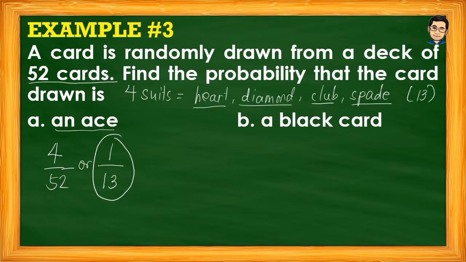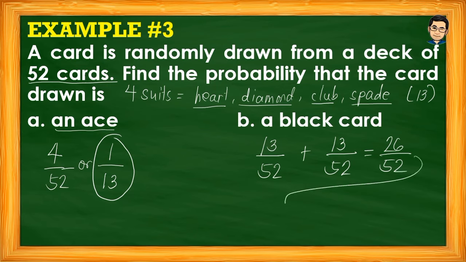So kung i-add natin yon, so that is 13 over 52 para yun sa club plus 13 over 52 sa spade. Since similar fractions naman sila, i-add natin yan. That is 26 over 52. Or just simply 1/2. So, kalahati.